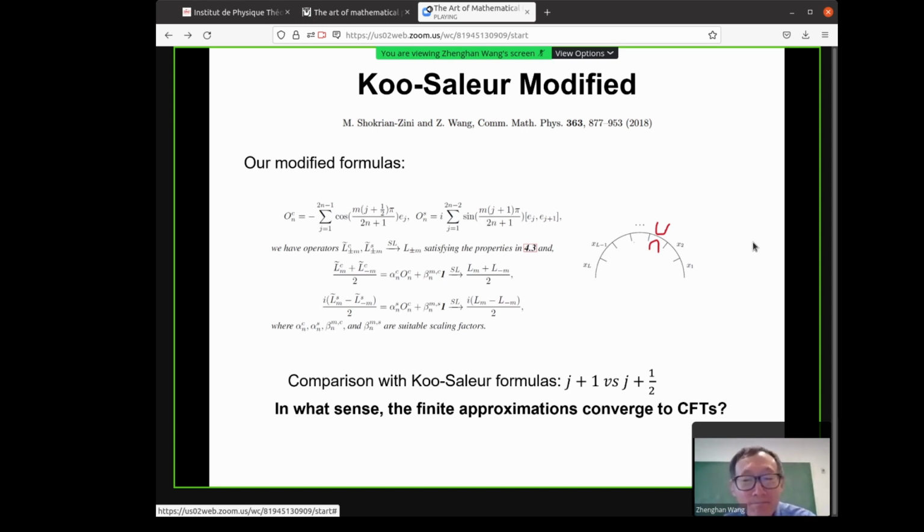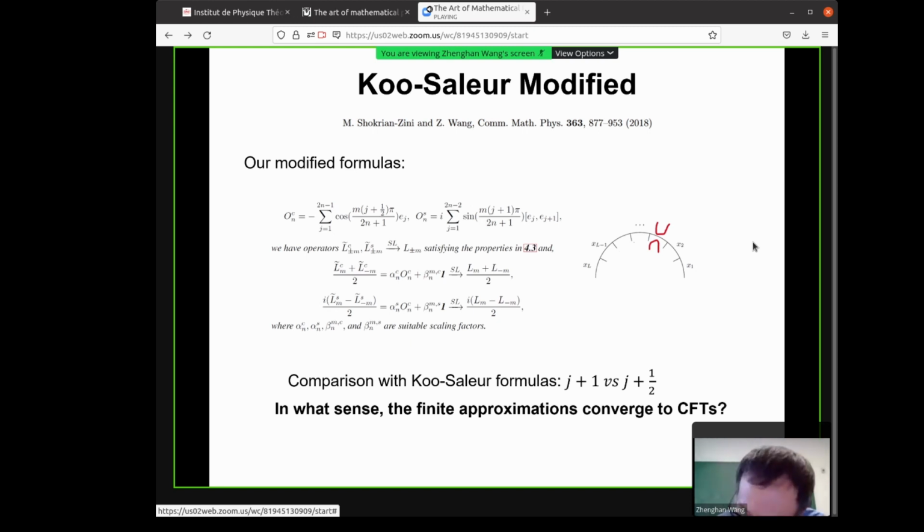And the reason for the shift is that we set the coefficient and tried to calculate the commutator, and the commutator of commutators. We want to study the convergence of the algebras. And it turns out this 1/2 works slightly better than j plus 1. And if you think about what that means, you want to think of the Temperley-Lieb generator as sitting within two sites rather than sitting on a site.